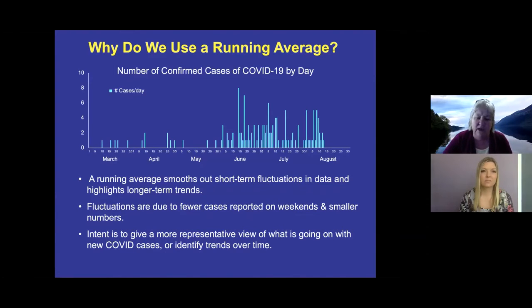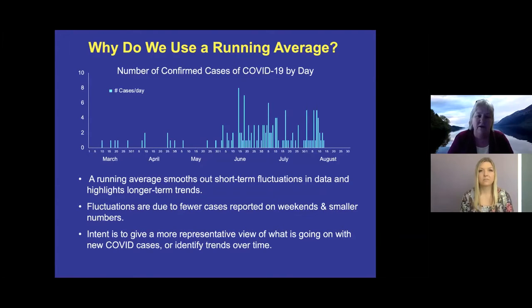Now, the reason we have a lot of fluctuations is that there are fewer cases reported on the weekends. It's Sunday and Monday almost consistently, not just for Brookings, but the state of South Dakota and the country and the world. There are a lot fewer cases on Sunday and Monday. And that's not because people aren't getting sick on Sunday and Monday.